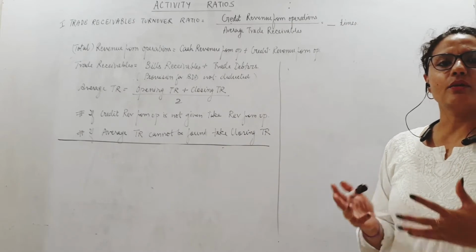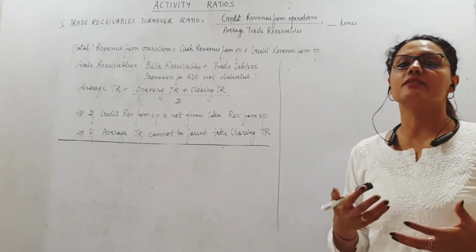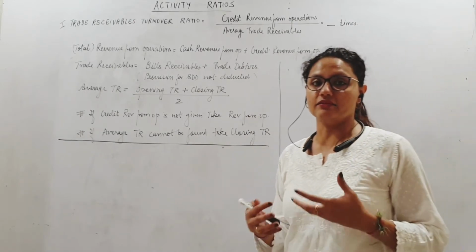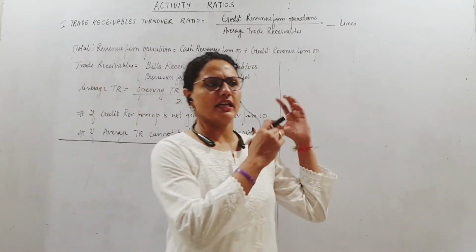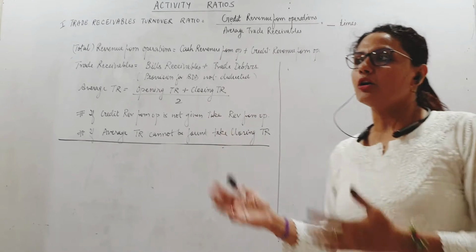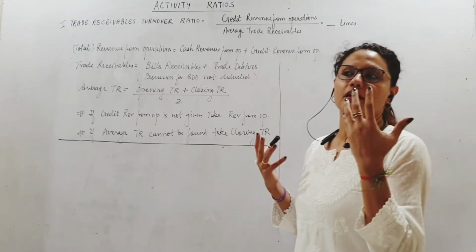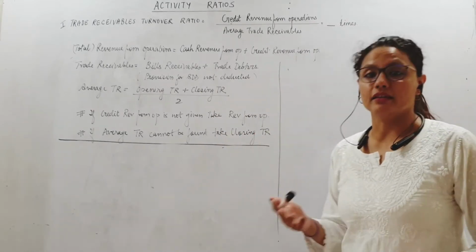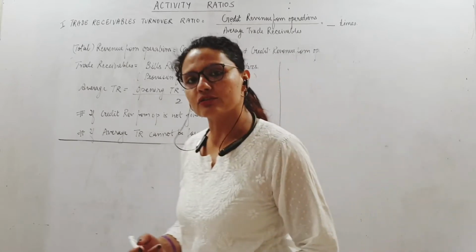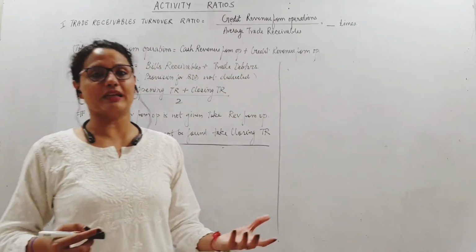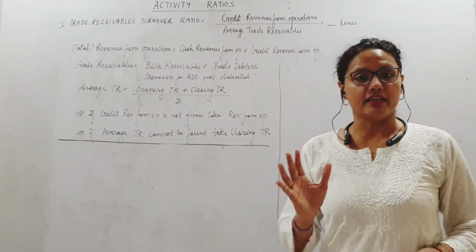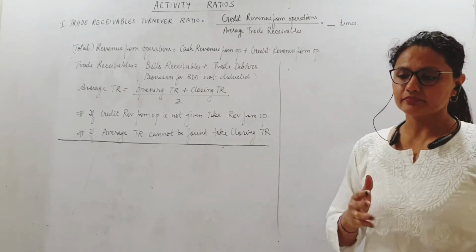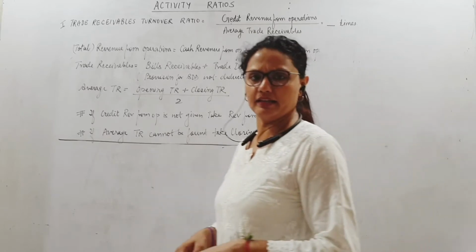Basically, whatever the company is doing on a day-to-day basis, the level of activity, it is trying to measure. कितने जल्दी sales हो रहा है, कितना जल्दी पैसा collect हो रहा है, how much are you buying on credit and how fast are you making the payment, are you utilizing your stocks well, are you able to sell your stocks quickly. All these are related to the level of activity of the business, which determines its profitability ultimately, right?